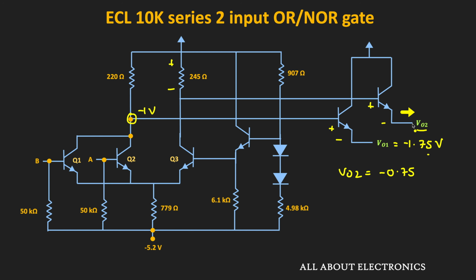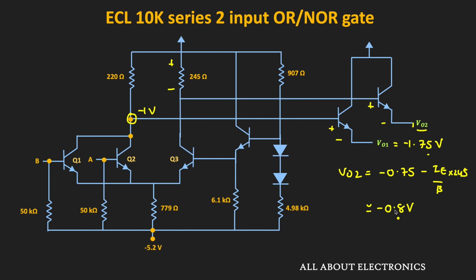So let's say the current through the load is equal to IE. So in that case, the drop across this 245 ohm will be equal to I divided by beta times 245 ohm, and roughly it will be equal to minus 0.8 volt. That means in that case, this VO2 can be considered as the logic high.